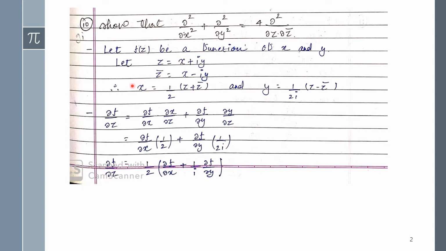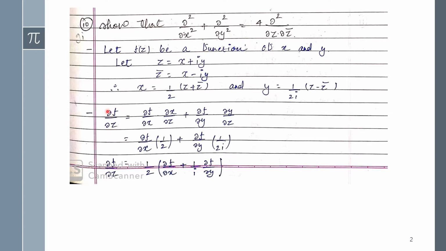Now I'm finding its real and imaginary parts, that is x and y, the real part of z and the imaginary part of z. So x will be (z plus z̄) upon 2 and y will be (z minus z̄) upon 2i. Now I'm going to find ∂f/∂z, and after that we will find it for the next component.